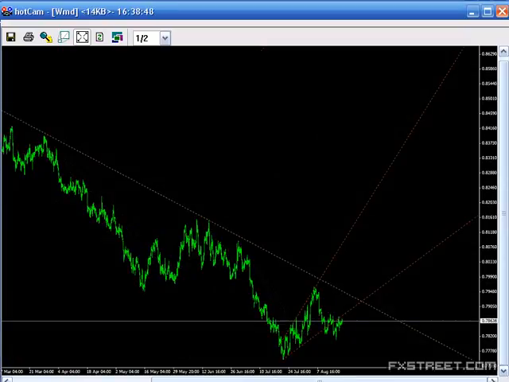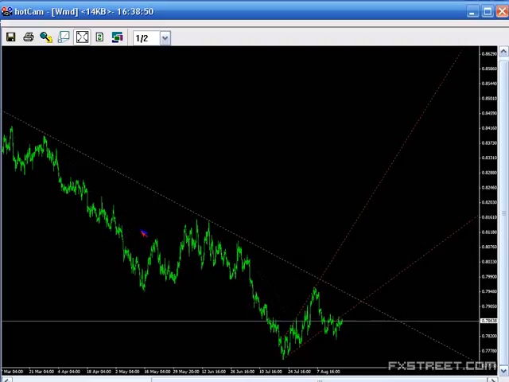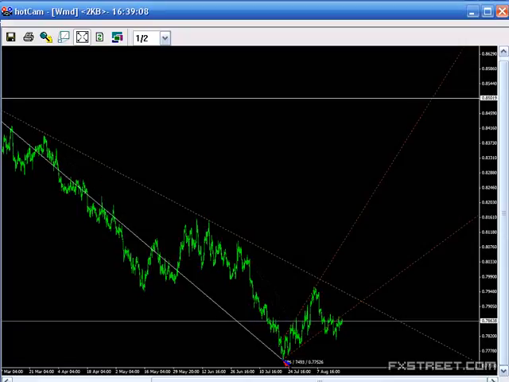Quite a considerable swing for the Euro GBP. We're talking to the tune of almost 750, 800 pips since the tail end of February, almost exactly 750 pips. And now we've had this broadening structure.